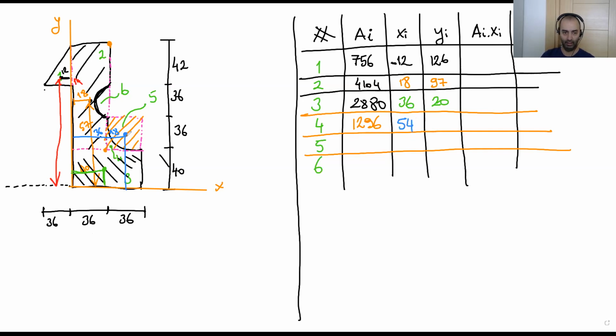And then this is again the center point: 40 plus 18. This part is 58. Okay, we just completed part 4.